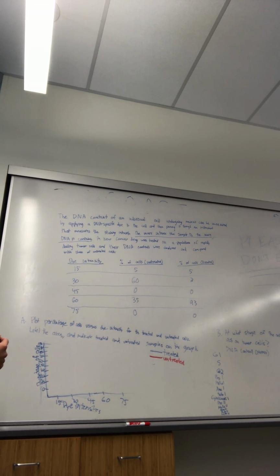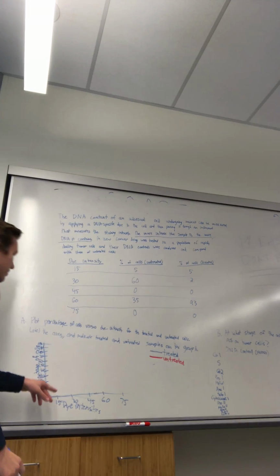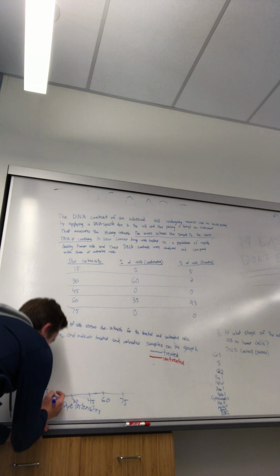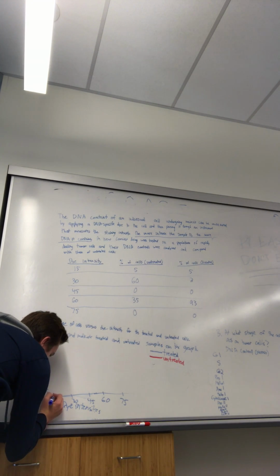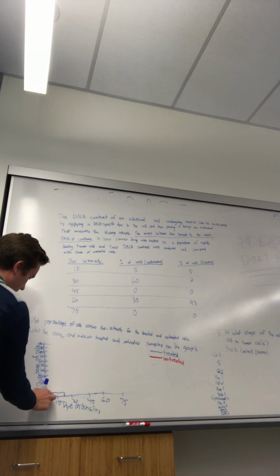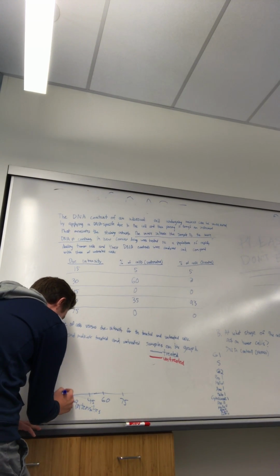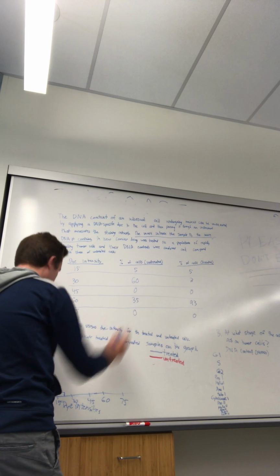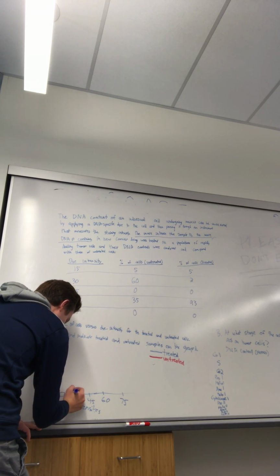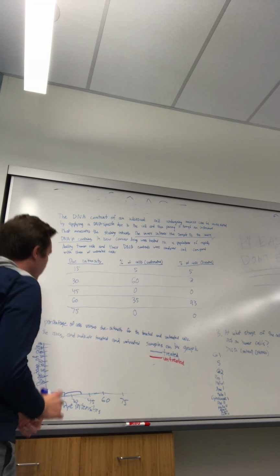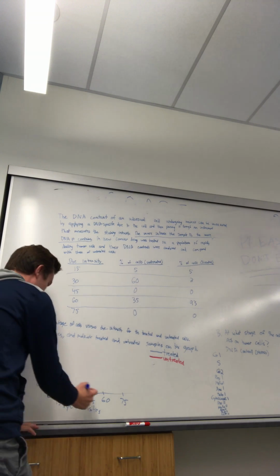So for treated cells, corresponding with dye intensity 15, there's 5% of cells. Then with dye intensity 30, there's 2%. Dye intensity 45, there's 0.